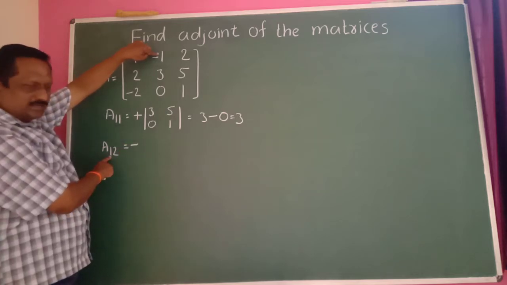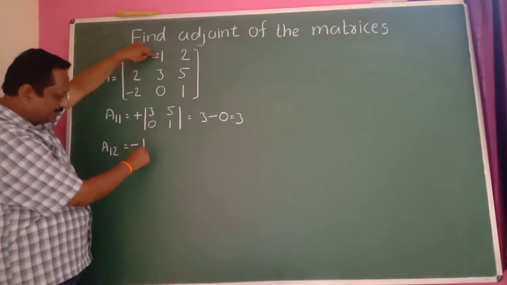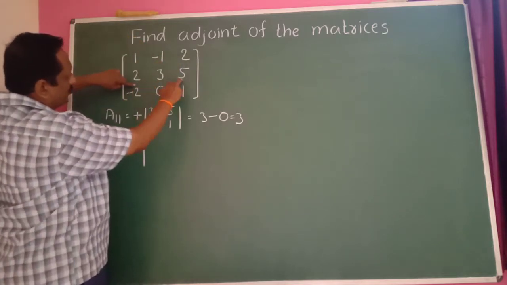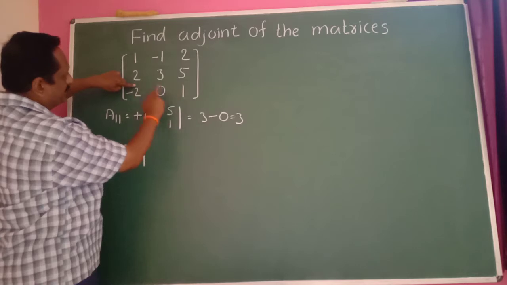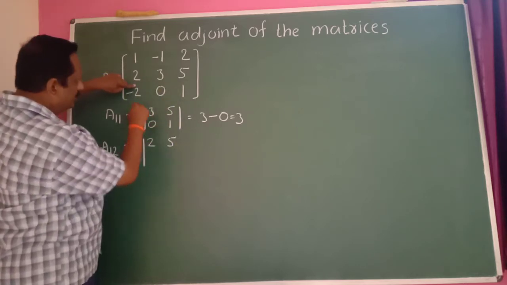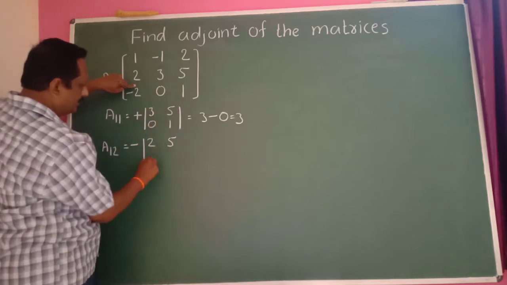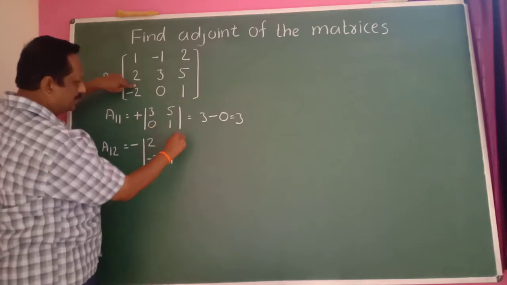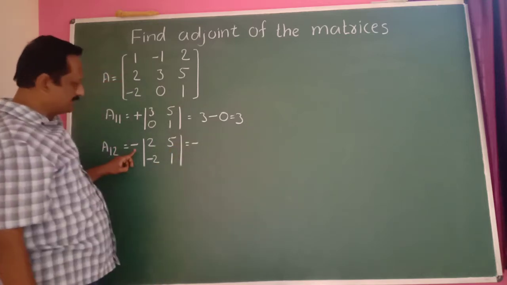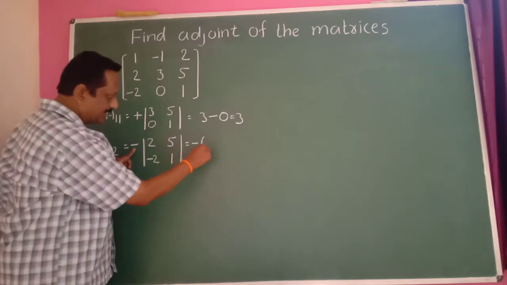Deleting the first row and second column, take the determinant. The remaining elements are 2, 5, minus 2, 1. Therefore this is equal to minus of.